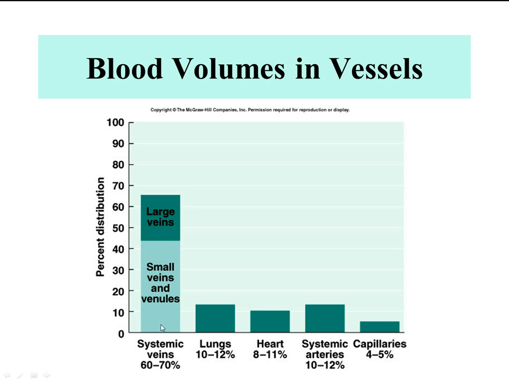So most of the blood, the vessels are large and they don't have thick walls, so you can have a lot of volume in these vessels. So veins carry 60 to 70% of your blood. So at any given time, most of the blood in your body is going to be in your veins.